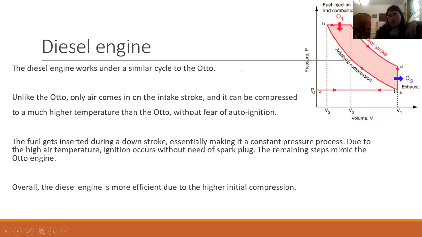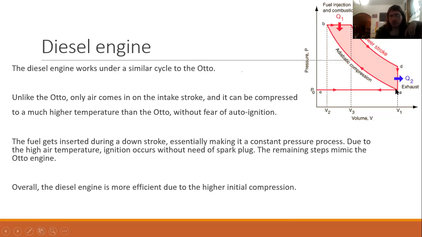On the intake stroke here, the air comes in, then adiabatic compression, and then from B to C, the volume expands just a bit to keep the pressure the same as the volume increases. And then the power stroke is where we combust it right here at C and we jump down.